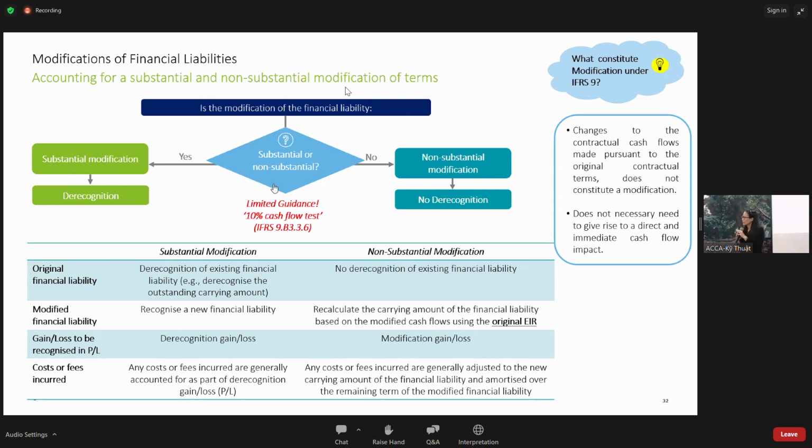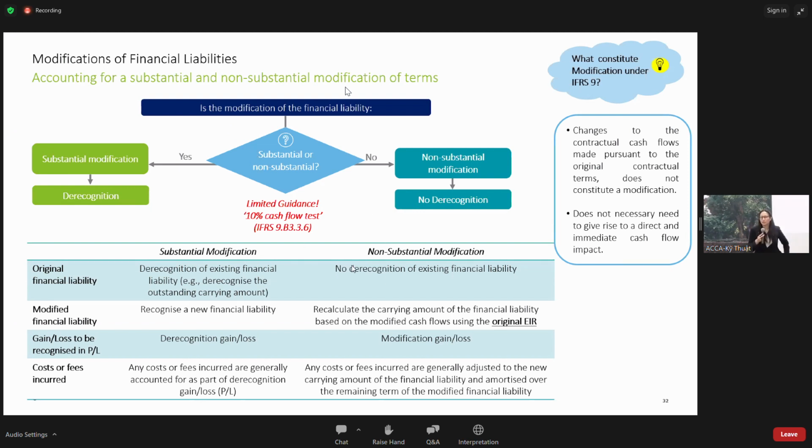Now, the question would be, when do I do my modification? For accounting, timing is always important. When is that adjustment needed? The modification date is the date when both parties have come to an agreement that these terms are modified.